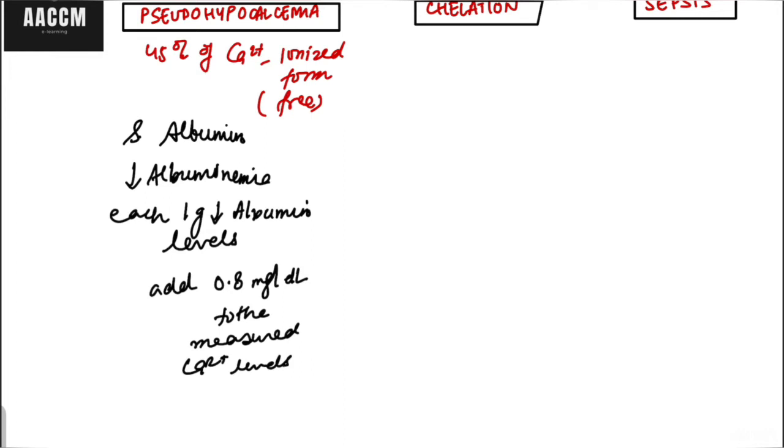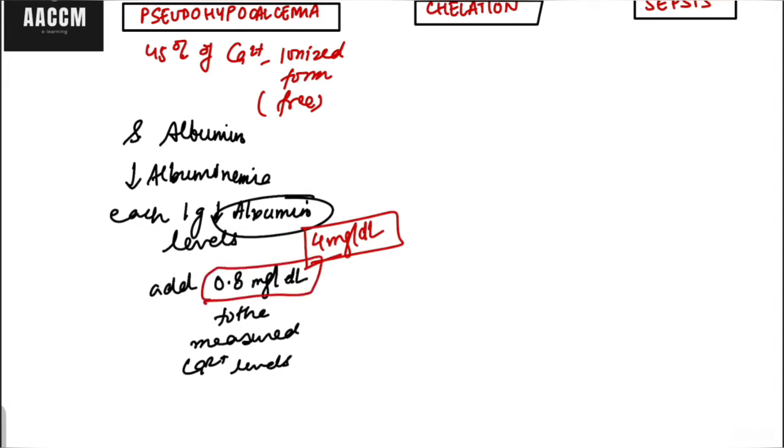And for this, we should remember the baseline albumin level should be 4 milligram per deciliter, not more than this. If it falls beyond this level, we have to add 0.8 milligram per deciliter of calcium levels in the equation or in the calculation, right?